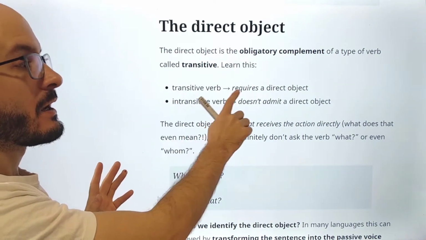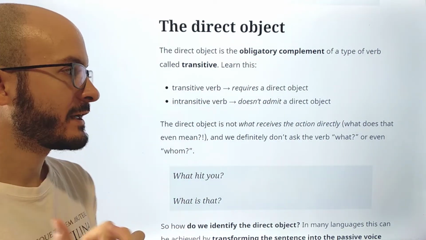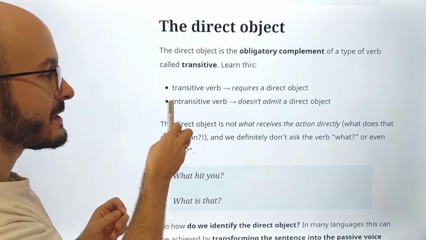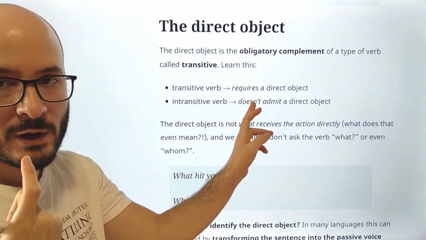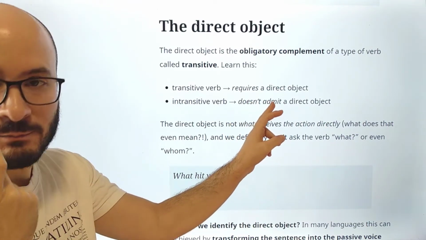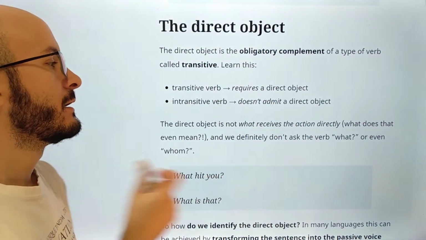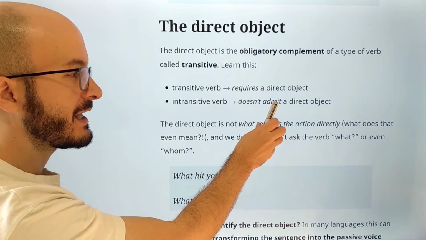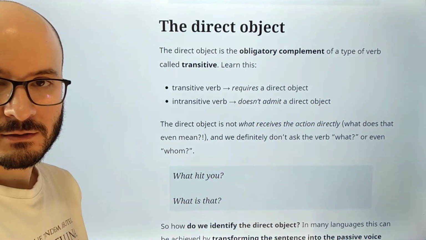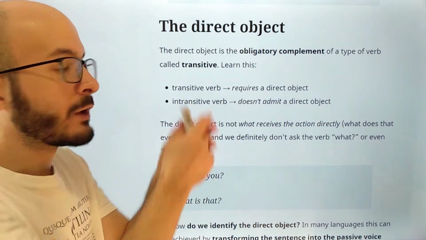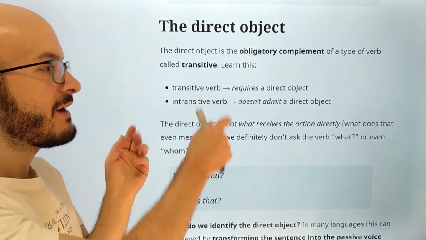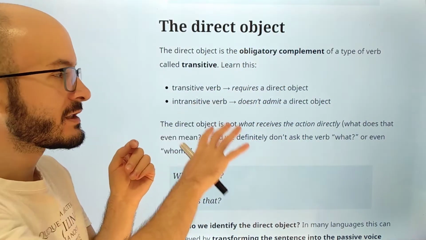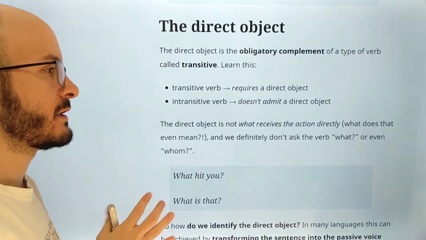A transitive verb requires a direct object. An intransitive verb doesn't admit a direct object. Notice that I don't say doesn't require, I say doesn't admit. Okay, so transitive requires, intransitive doesn't admit. So pretty much, transitive has a direct object, intransitive doesn't.